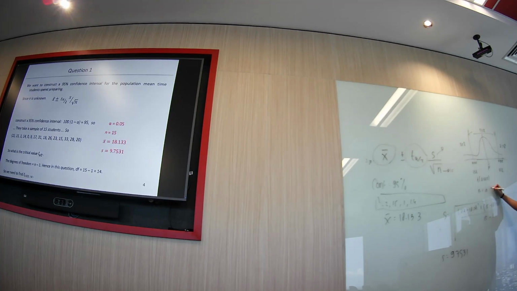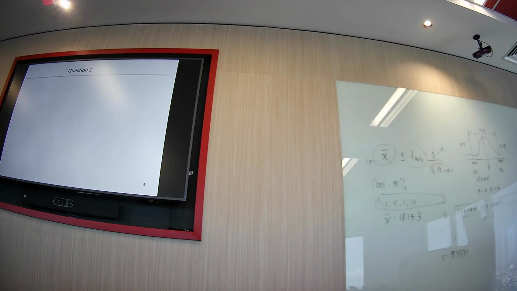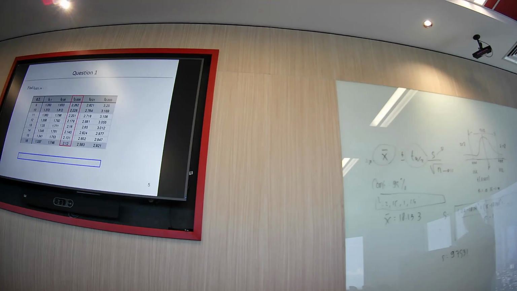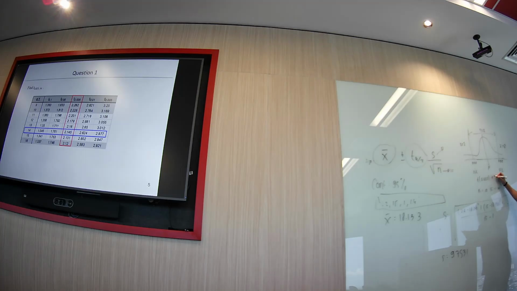From the question, 15. So 15 minus 1 is equal to 14. So you go to row 14, this one. 2.145. So this one is 2.145.